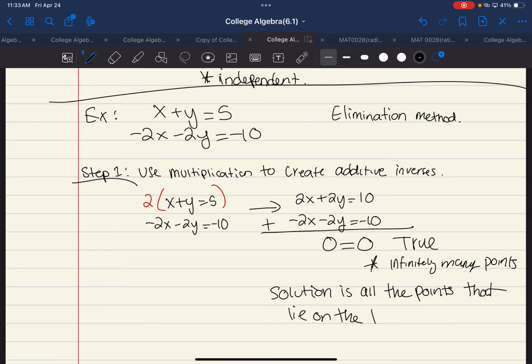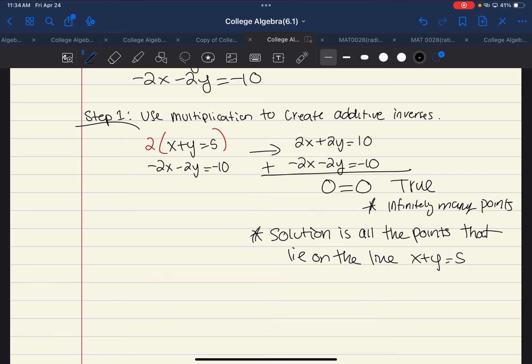the line x plus y equals 5. I just picked one. I could pick either one, but they're the same line. All the points that lie on either one of those lines is the solution. So it's not that I can plug anything in and it'll be equal. It's just if it's a solution to the first one, it'll be a solution to the second one. So all the points on the first line are solutions to the system.